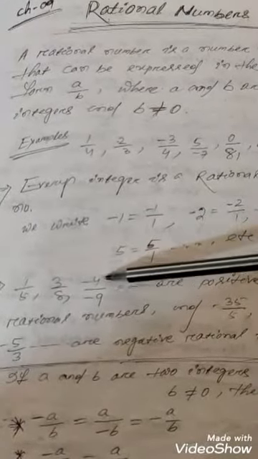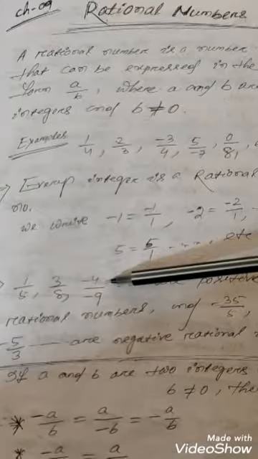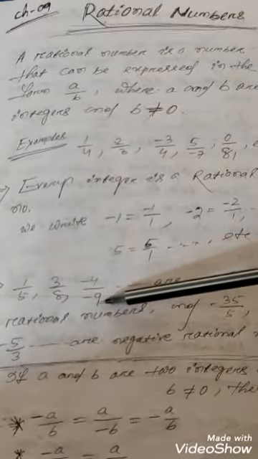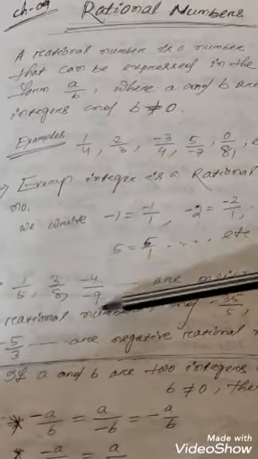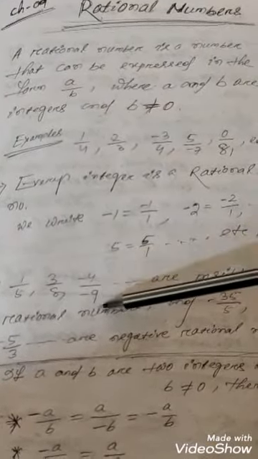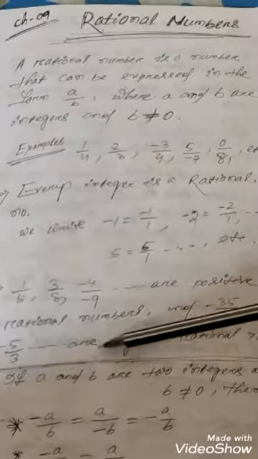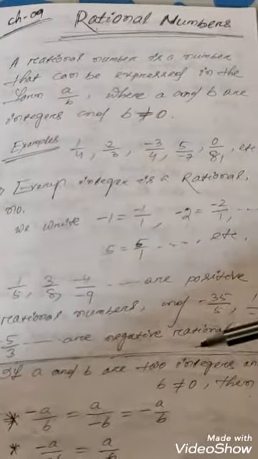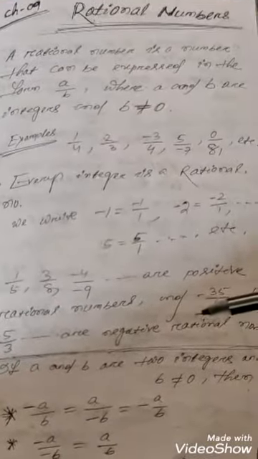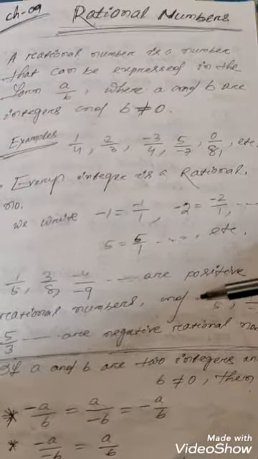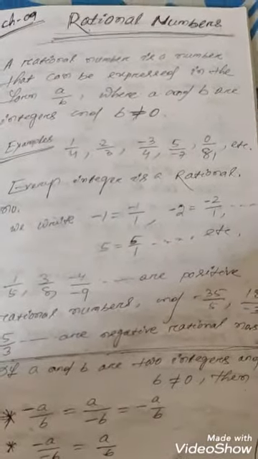Same sign here: minus sign in the numerator and also minus sign in the denominator. Here the numerator and denominator have the same sign, so it is known as a positive rational number. Same as, when the signs are different, opposite, then it is known as a negative rational number. Here the example minus 30 by 5.